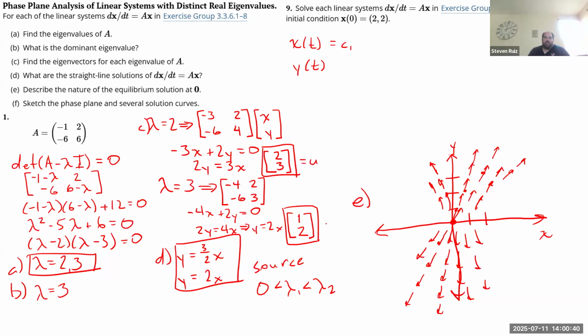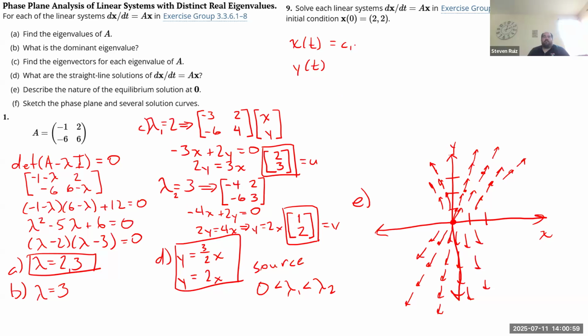I'll call this one u and this one v. And I'll call the eigenvalues lambda 1, lambda 2. So remember, your eigenvalues and eigenvectors correspond to each other. I can't mix them up.